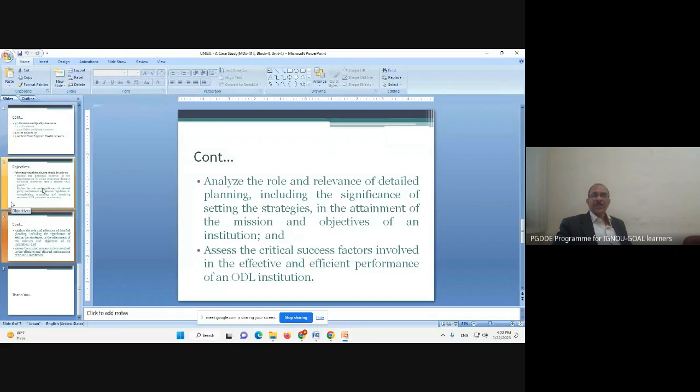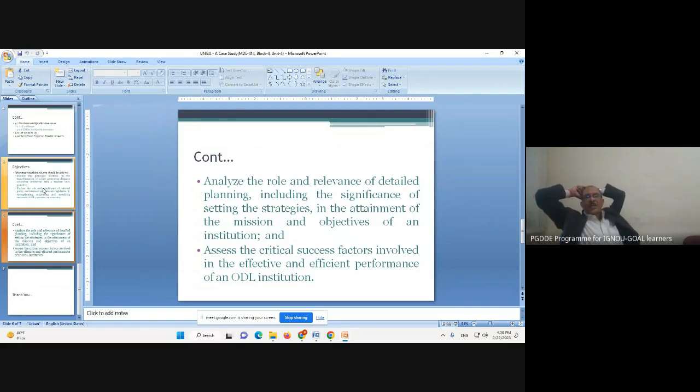As I said, UNISA was, we can say, the first distance teaching university in the world. Maybe not an open university as such, but a first distance teaching institution.